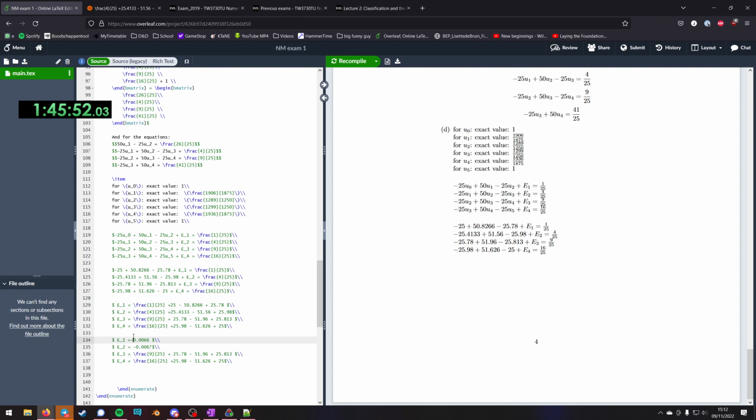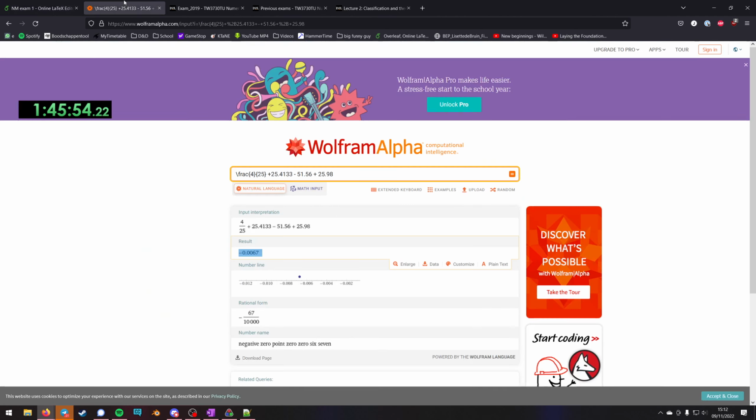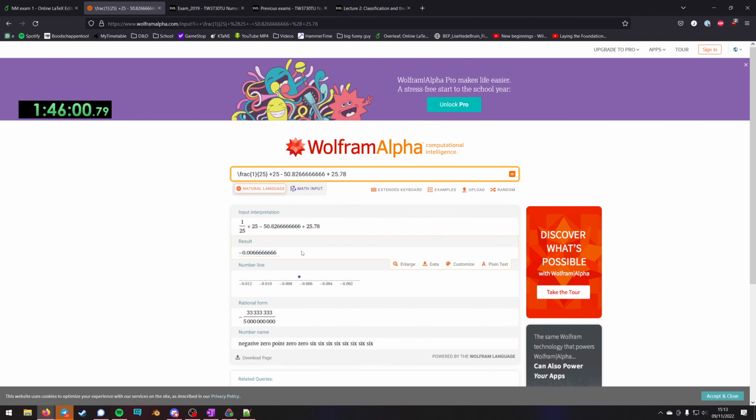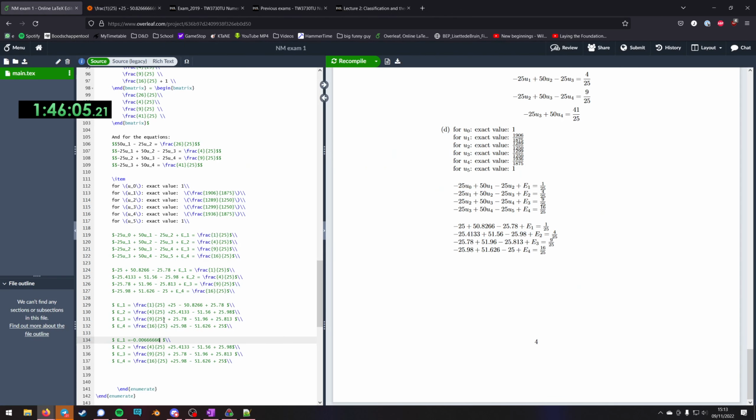So these should all be not negative, but error. Actually, what I'm going to do is extend the numbers that aren't precise by a few decimals. Yeah, okay. So this is the error value.